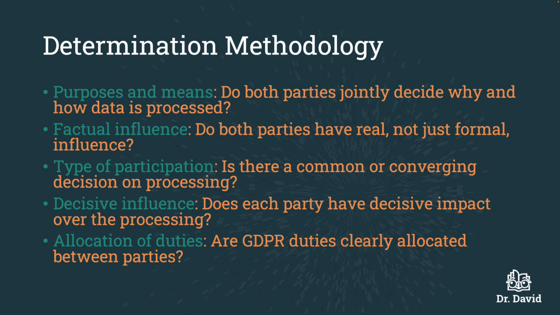For decisive influence, the question you want to ask is, does each party have decisive impact over the processing? And finally, concerning the allocation of duties, are GDPR duties clearly allocated between parties? So asking and answering these questions will help get you closer toward determining whether or not there is joint controllership.